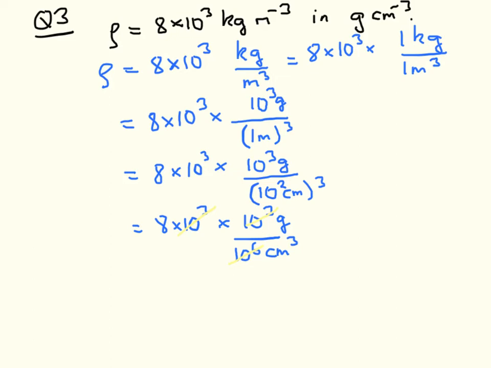So our answer, rho, the density, is going to be 8 grams per cubic centimetre, but I'm not going to write it on the bottom here, I'm just going to write it as per cubic centimetre with a negative power. So that is our answer.